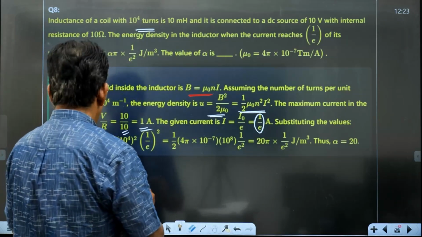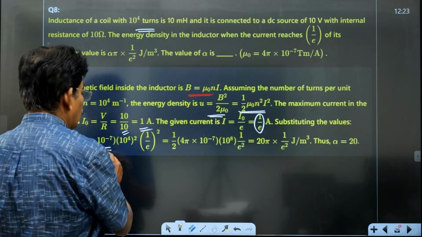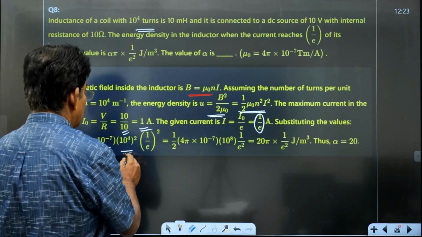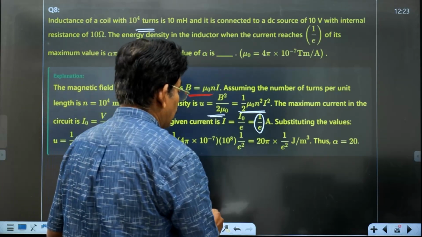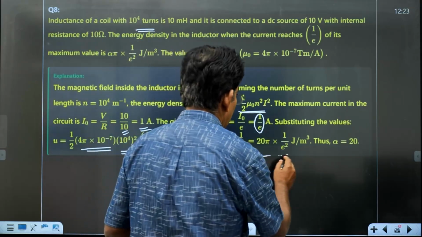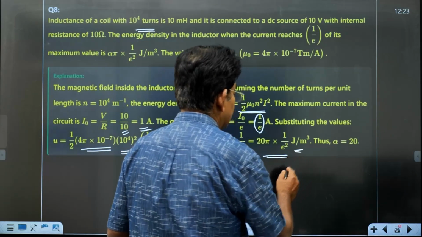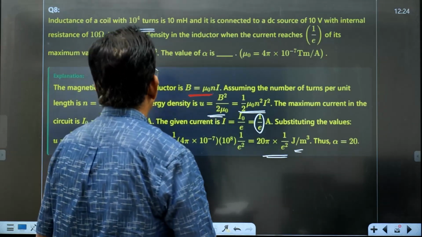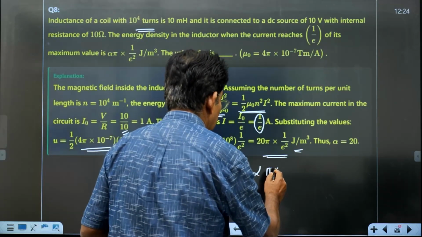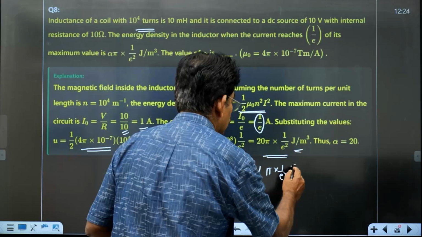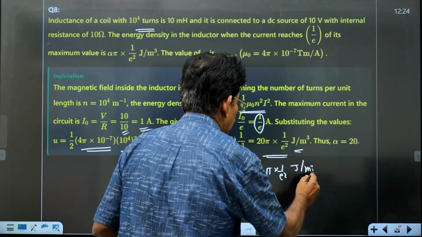Half mu 0 value 4 pi 10 to the power of minus 7, number of turns 10 to the power of 4 whole square into 1 by E whole square. This is coming to be 20 pi into 1 by E square. And the question is given, this is given to be alpha pi into 1 by E square joule per meter square.